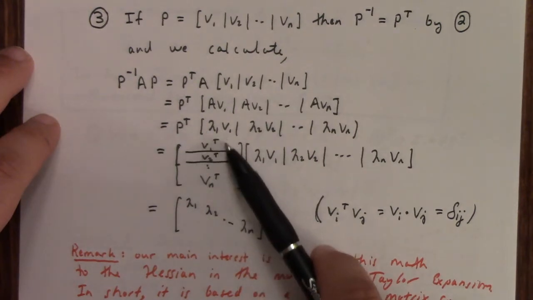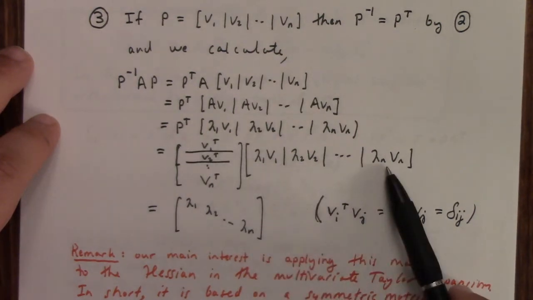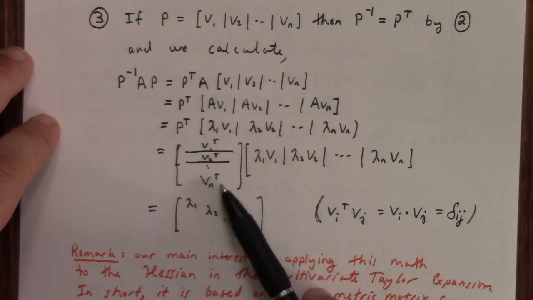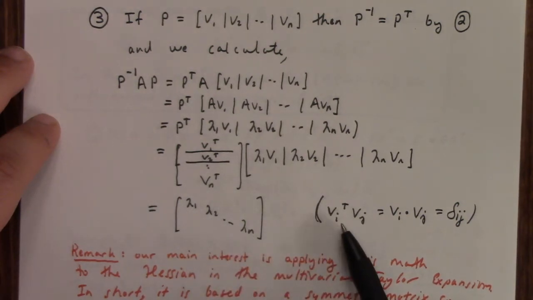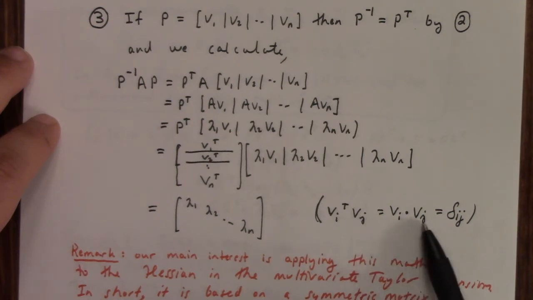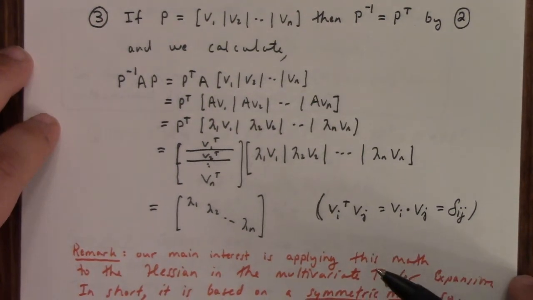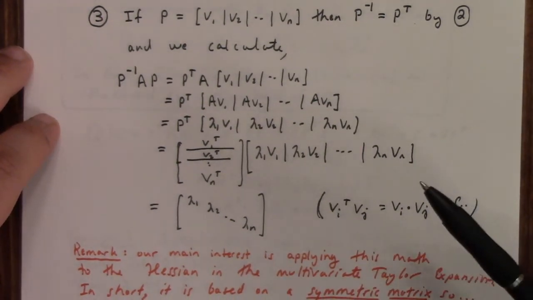So P transpose is this stack of row vectors times that. But this times that works out to just the diagonal matrix with lambdas in it, because Vi transpose Vj is delta ij. And so that's really beautiful.